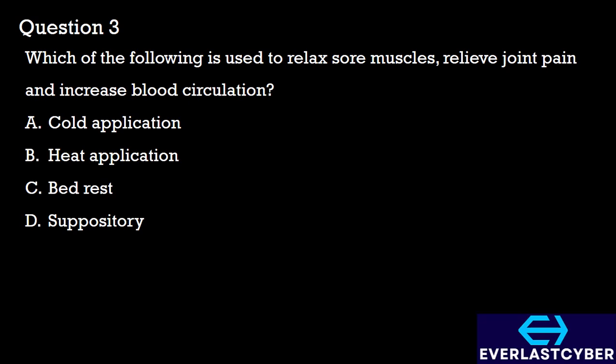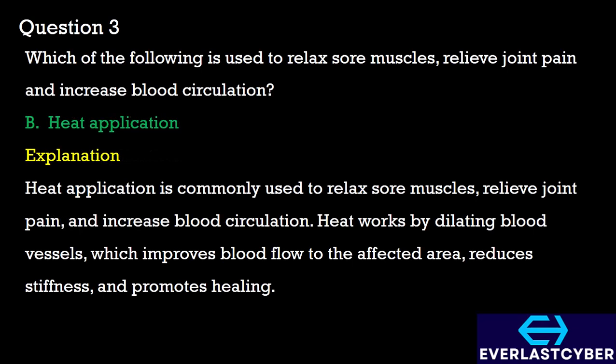Suppositories are a method for delivering medication, and are often used for conditions like constipation or fever, but they don't provide muscular or circulatory benefits. So with respect to the question, our answer is option B, heat application. It is used to relax sore muscles, relieve joint pain, and increase blood circulation.